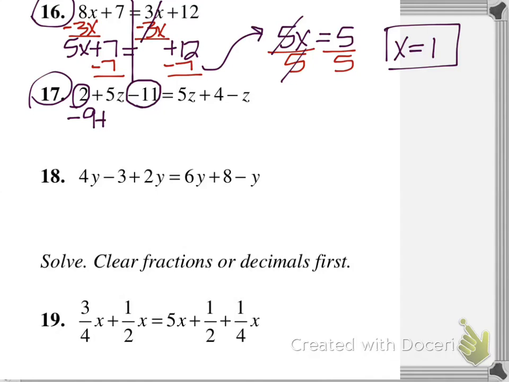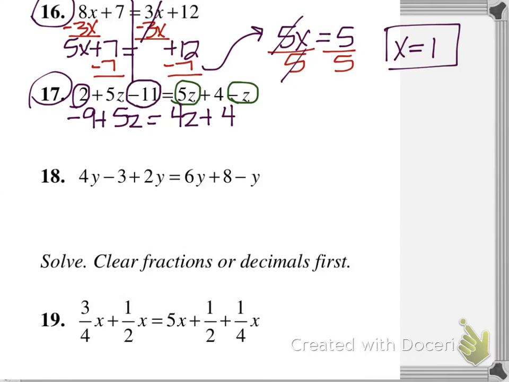I still have my 5z, and on the other side I have some z's I can collect. So you always want to try to simplify first, if at all possible. 5z minus z is 4z, and then I still have plus 4.